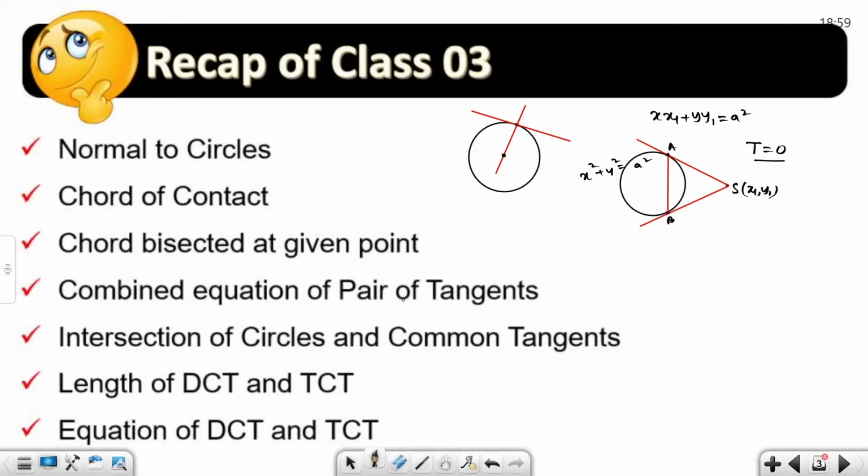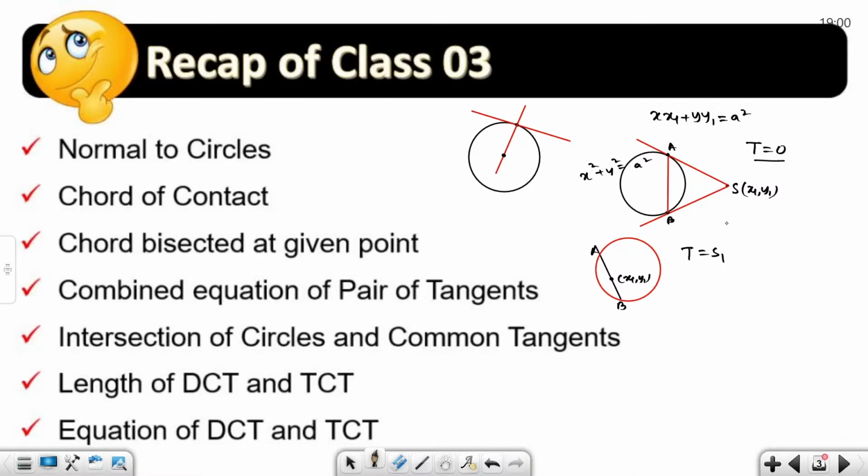Then we are coming to the chord bisected at a given point. Right? So if we take a circle here, and there is a chord, and this chord is bisected at the point x1 comma y1, this is the midpoint of the chord AB, then the equation of the chord is T equals to S1.